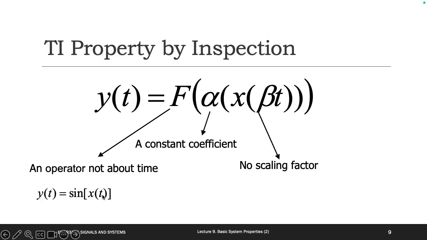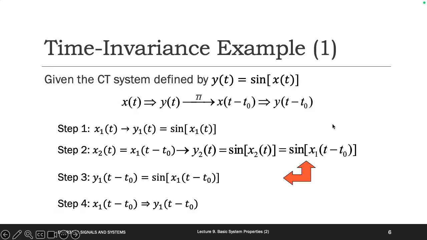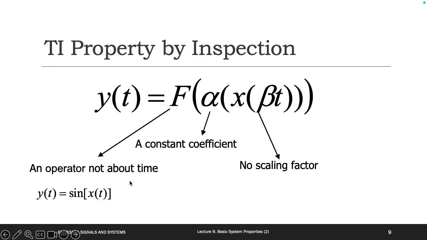So is there no scaling factor? So is this TI or not TI? Yes, it is. I will show the answer later. Because actually, if you remember, we have already proved that. This one is a TI system. Okay, how about this one?